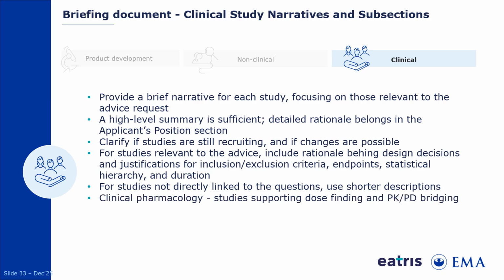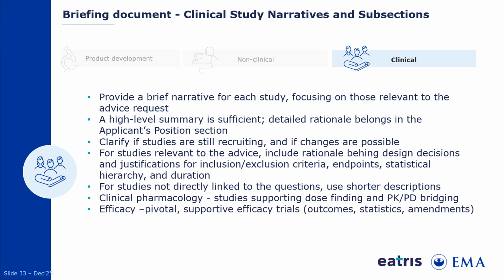Subsections should include as relevant based on the advice sought. Clinical pharmacology, where applicants should describe the studies supporting dose finding, exposure-response relationships, and PK/PD bridging. For the efficacy, summarize pivotal and supportive efficacy trials, highlighting outcomes, statistical considerations, and protocol amendments.